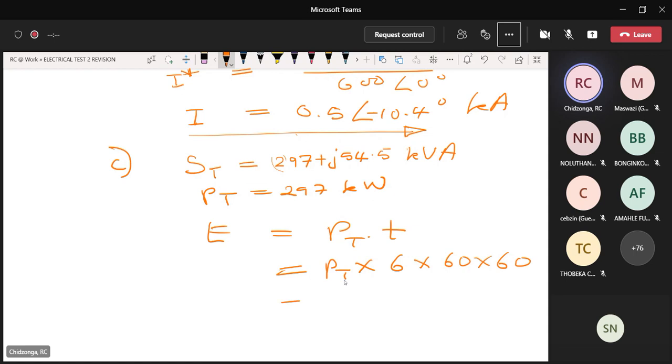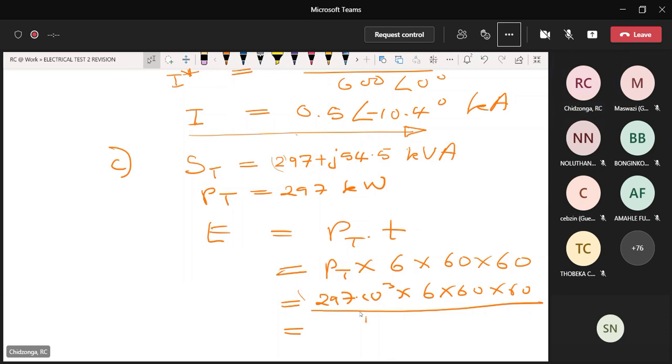So this is your total power, which means it's 297 times 10 to the 3 times 6 times 60 times 60. You can express this in any units you want, megajoules, kilojoules, or whatever the number is. If you want to express it in megajoules, then you can divide this by 1,000,000, and your answer is going to be in megajoules. That will be the energy consumed in 6 hours.